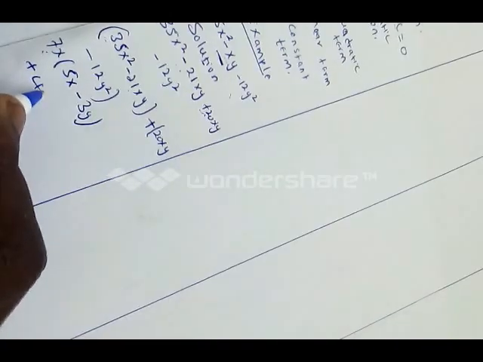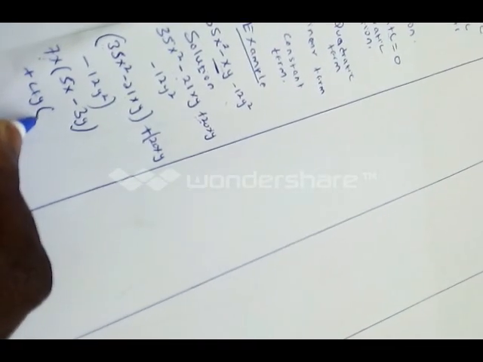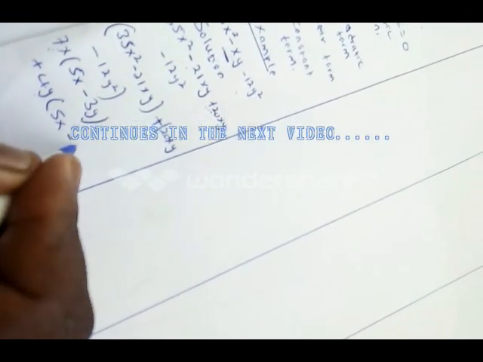Then you factor out the next group. You see 4y is common, so you factor it out: 20xy divided by 4y gives 5x, and minus 12y squared divided by 4y gives minus 3y.